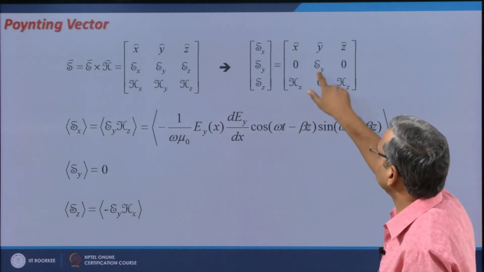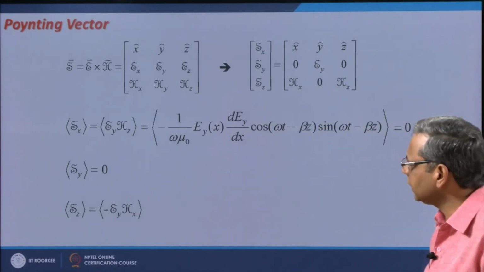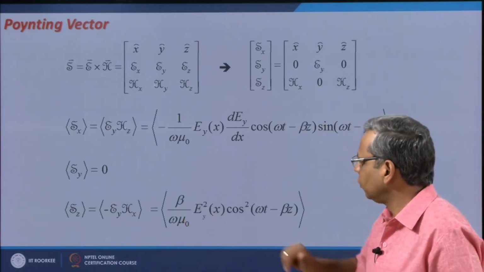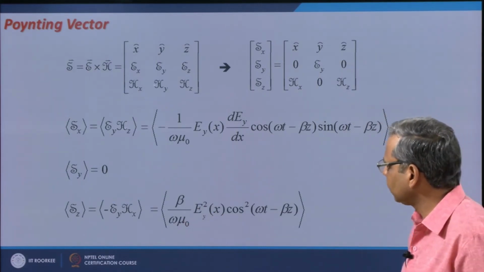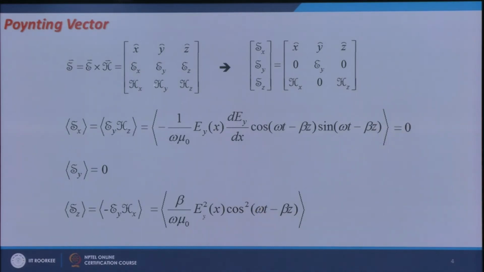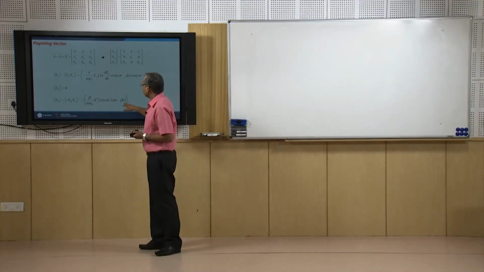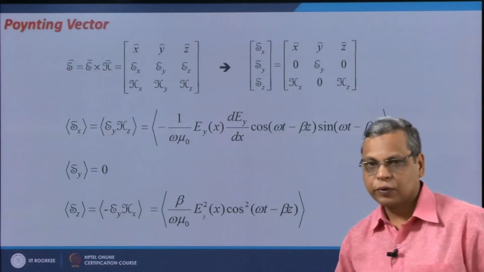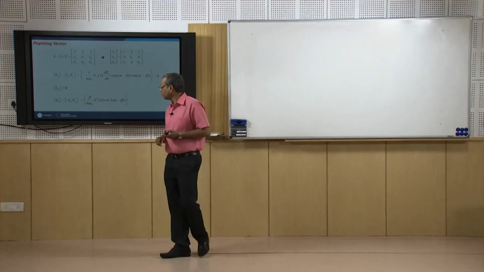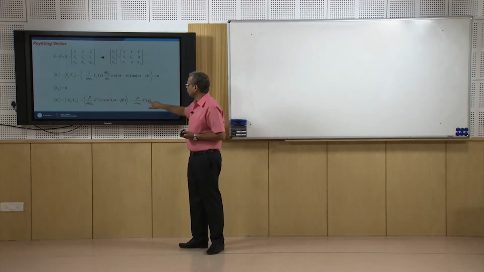Now I substitute for Ey and Hx. So, I get beta over omega mu naught E square of x cosine square (omega t minus beta z). I know that for any value of z, the time average of cosine square omega t would be equal to half. So, this gives me beta over 2 omega mu naught Ey square of x.